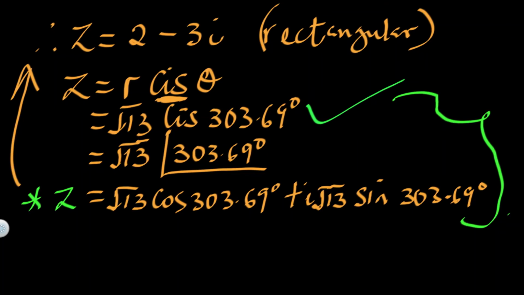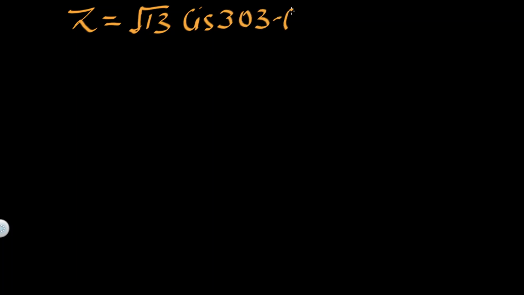So let me clear this. All right, I'm going to start by writing it in the way it was. So this is z equals root of 13 cis 303.69 degrees.